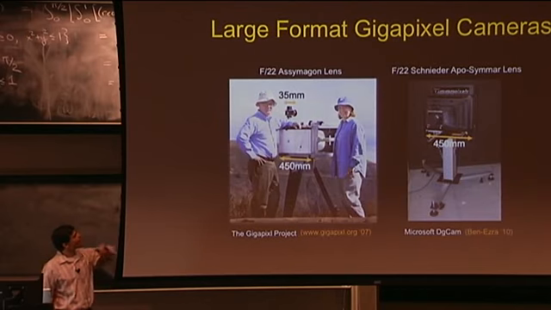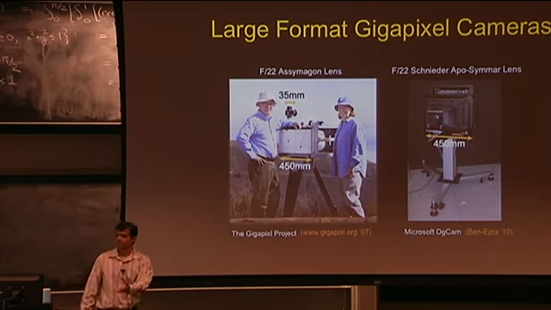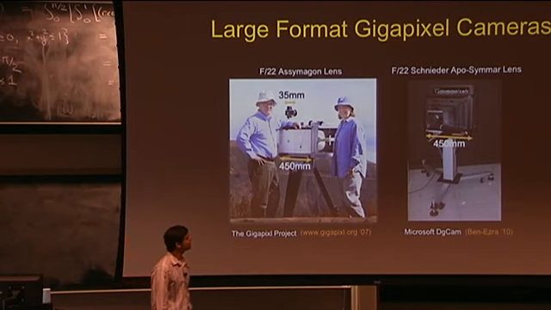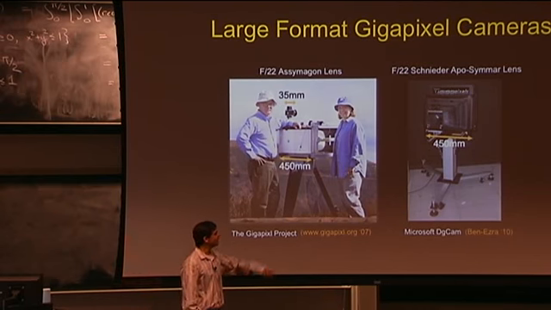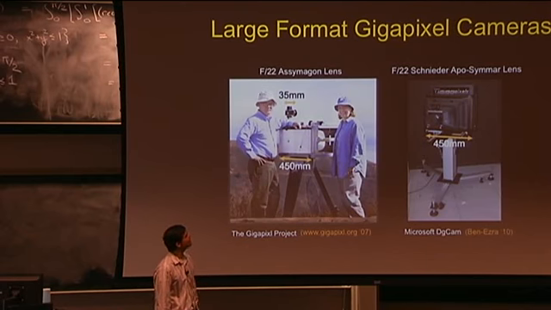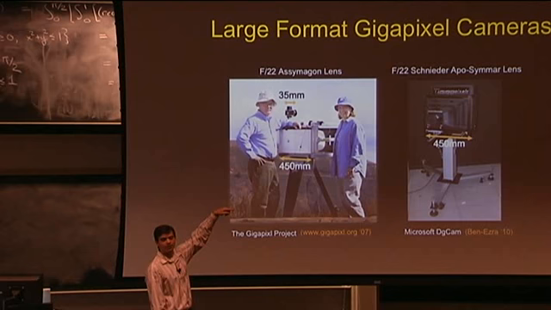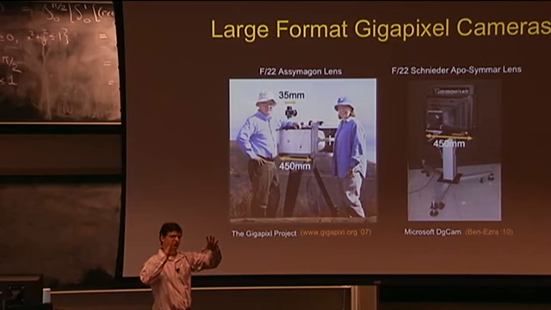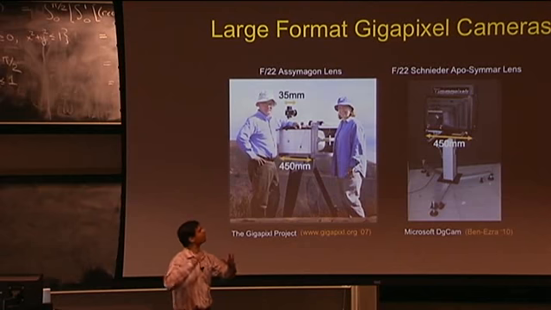And that's exactly where these large format cameras are that a lot of us who've been to these ICCP talks have seen. Last year we saw a talk by Moshe Ben Ezra about Microsoft's DG Cam. He used a Schneider Apo-Symmar lens, which produces an image size of about 400 to 450 millimeters. I think the actual full circle image size of that lens is defined to be 500 millimeters.